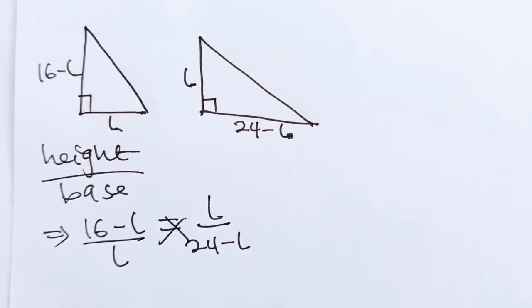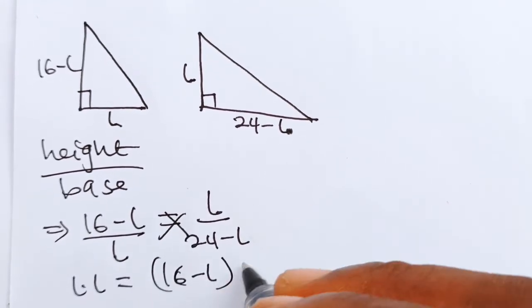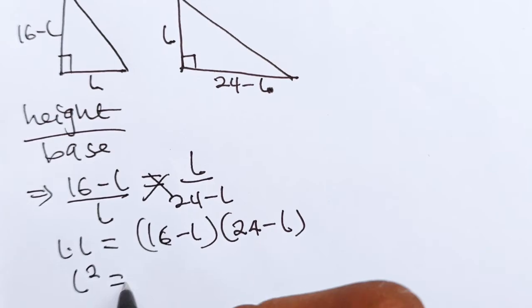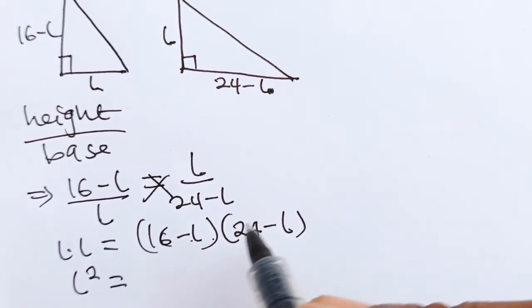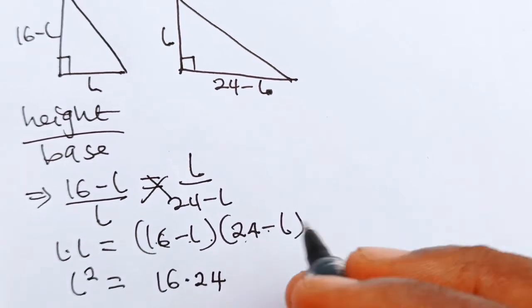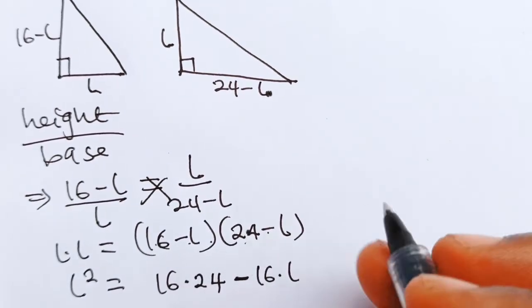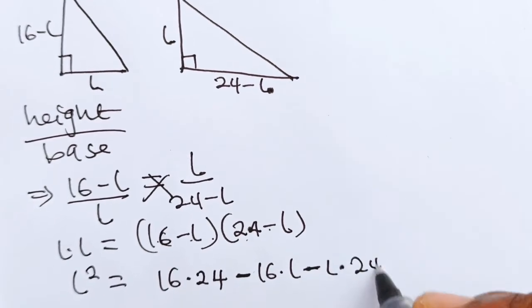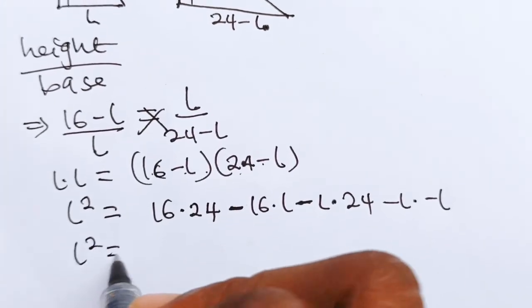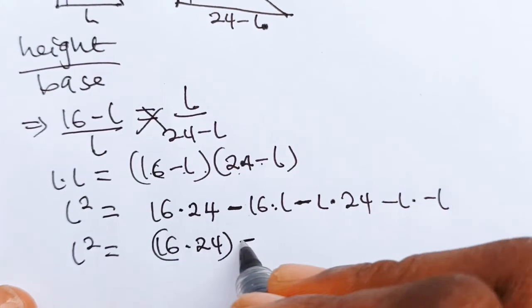Now let us cross multiply. We have L multiplied by L is equal to 16 minus L multiplied by 24 minus L. L multiplied by L is L squared, equal to 16 times 24, then 16 multiplied by minus L gives minus 16L.